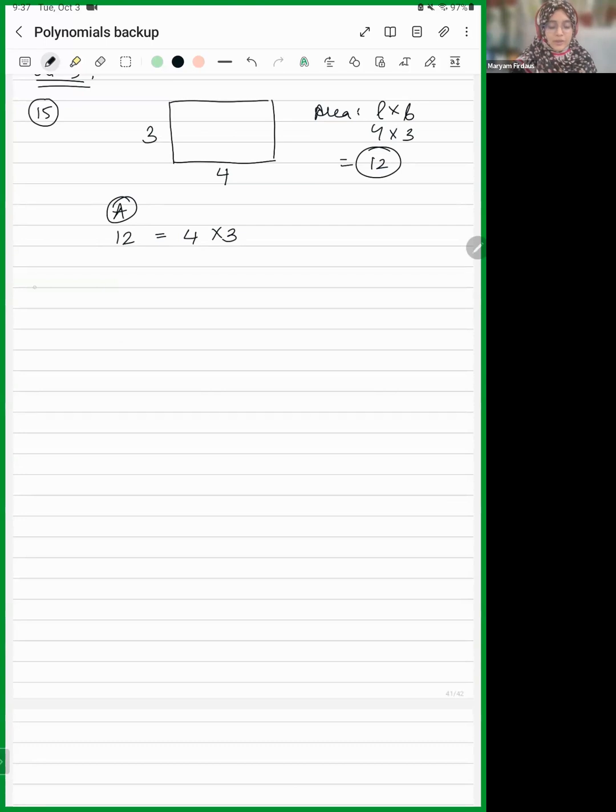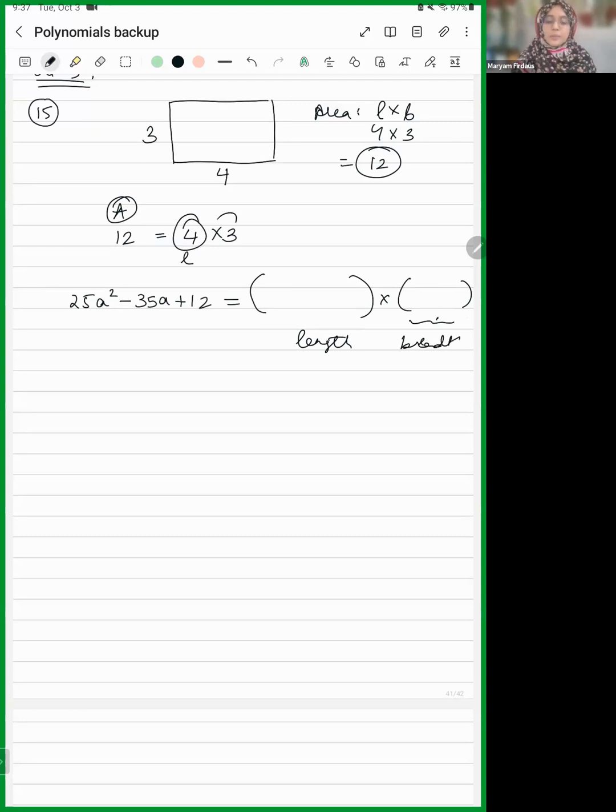In the question given here, the area is 25a square minus 35a plus 12. If you factorize it, it can be written as a product of its factors. One of them will be the length and the other will be the breadth.